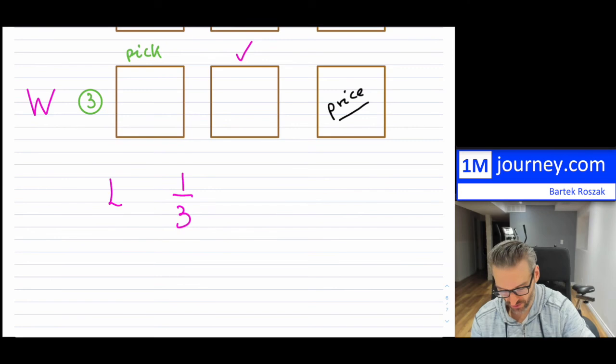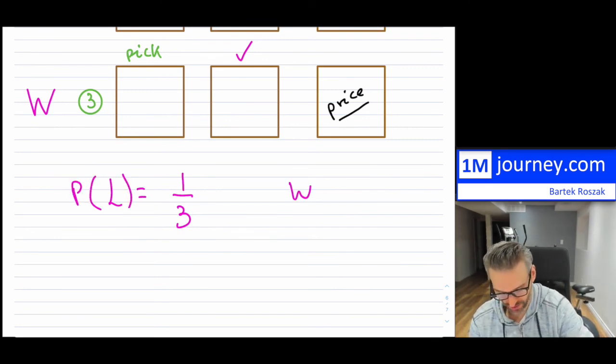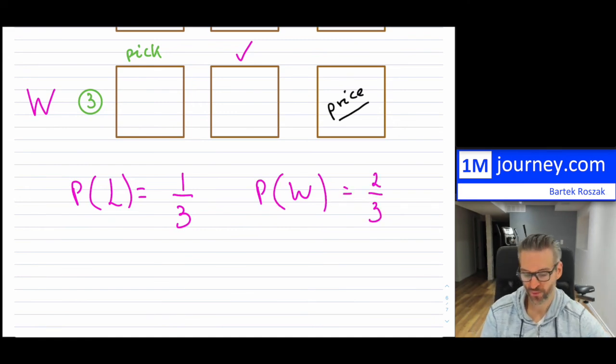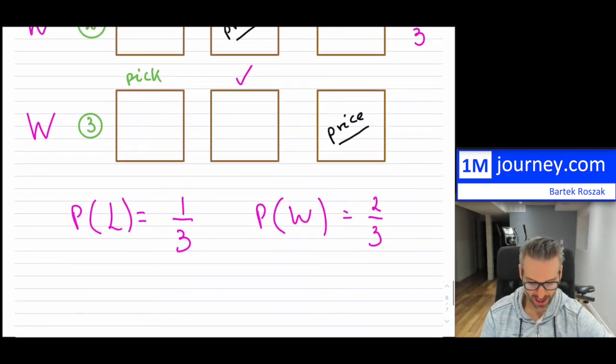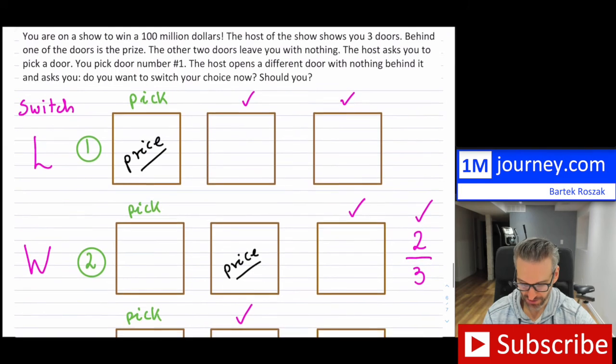The probability of winning if you switch is actually 2/3. This just breaks it down for you. So it's definitely worthwhile to switch and then win the prize. If you're going to get the 100 million, I guess you're pretty much done, and you can go off and do whatever it is that you need.